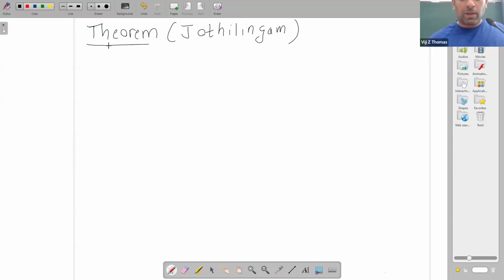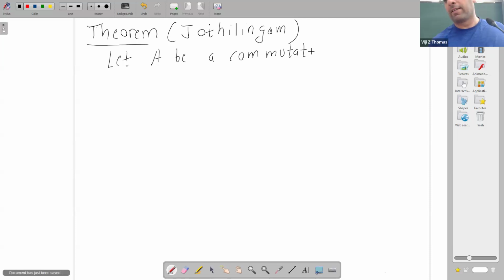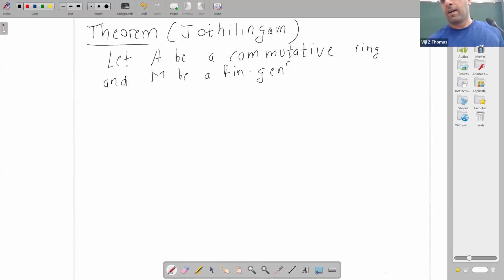So let A be a commutative ring. We will always have commutative rings, and our rings are with identity. Let A be a commutative ring and M be a finitely generated A module.